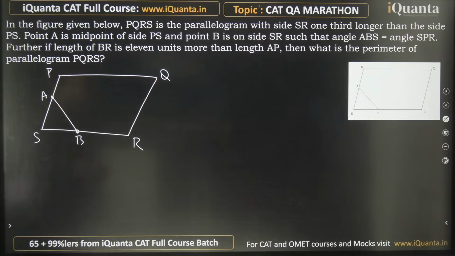Point A is the midpoint of side PS and point B is on side SR such that angle ABS is equal to angle SPR. Further, if length of BR is 11 units more than length AP, what is the perimeter of parallelogram PQRS? Okay, solve it.